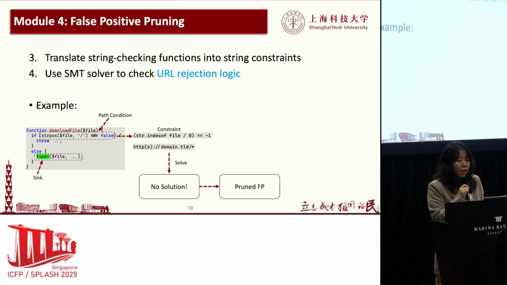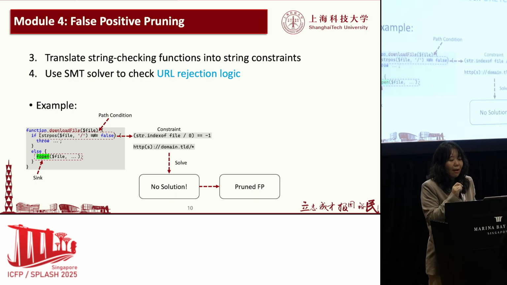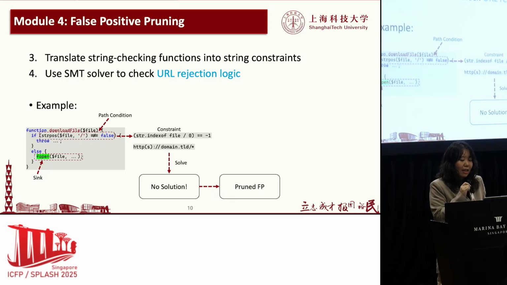For example, if a path uses strpos to check a string, Artemis models this as a constraint and also models valid URLs with a regular expression. The SMT solver can then show that no valid URL can satisfy all the constraints, so the path is marked as a false positive.